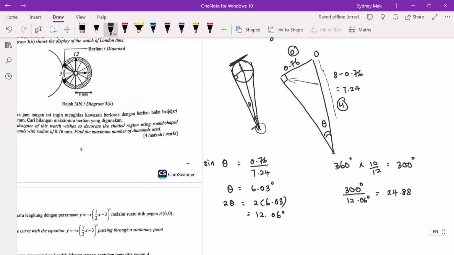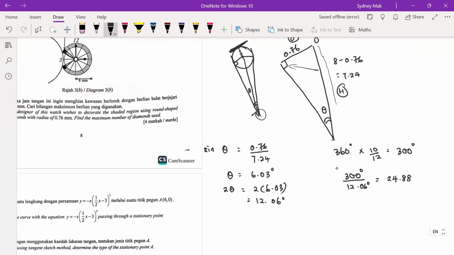The number we get is 24.88. Therefore, for the maximum diamonds used, it will not be more than 24.88. So the maximum integer will be 24. So that's it. We found the maximum number of diamonds used, 24.